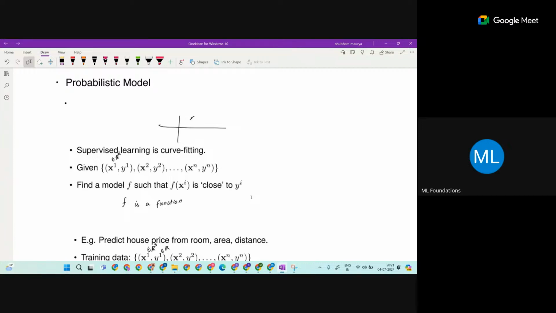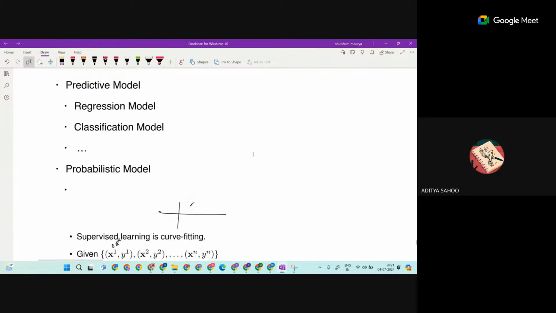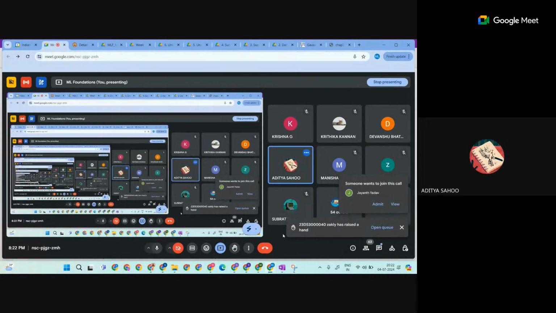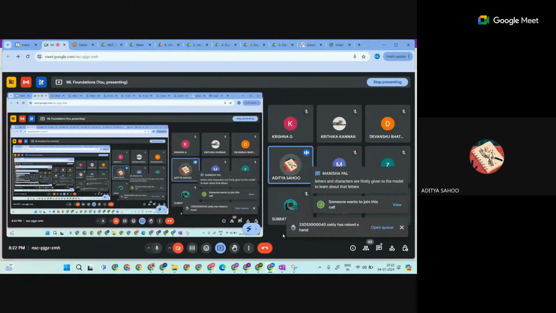And the next is, does anybody want to say something? Sir, how is option C different from density estimation in unsupervised learning? Density estimation will give the probability.